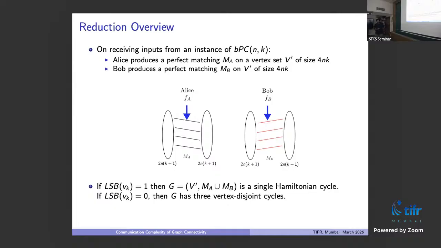From it, they produce 2 matchings on a larger vertex set, such that if the least significant bit of Vk is 1, that is, the answer to the bit pointer chasing problem is 1, then the union of these 2 matchings is going to form a single Hamiltonian cycle. And if the least significant bit is 0, then it will have 3 vertex disjoint cycles. That's what the reduction is doing.